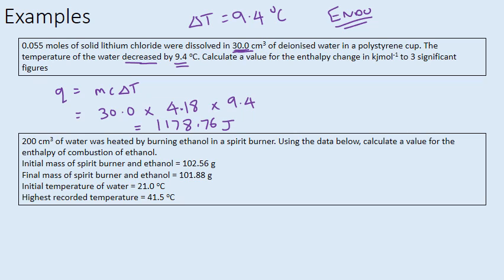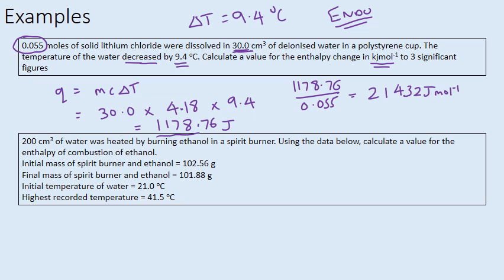Now I need to work it out in kilojoules per mole. This value that I've just calculated was for 0.055 moles, so I divide my value by the number of moles. 1178 divided by 0.055 gives me the value per mole, and that comes out at 21432 joules per mole.